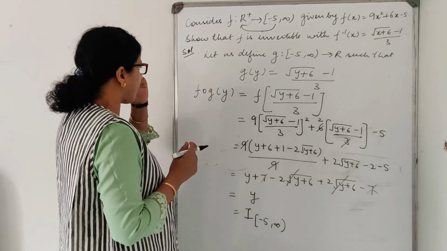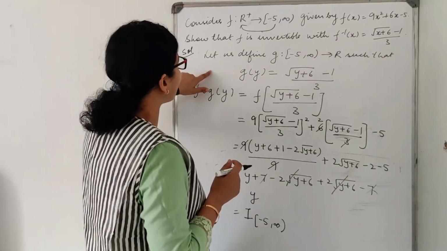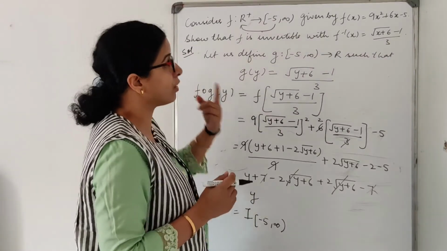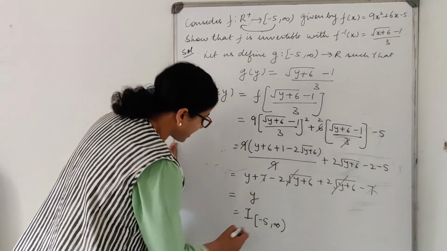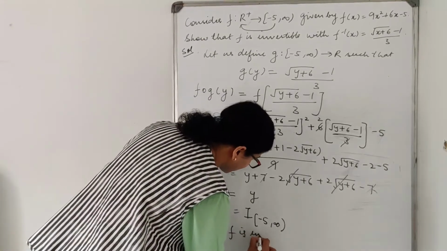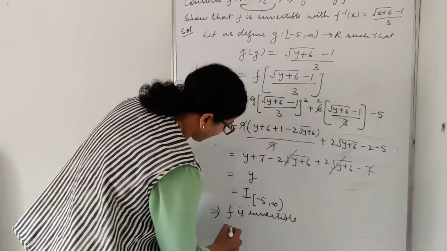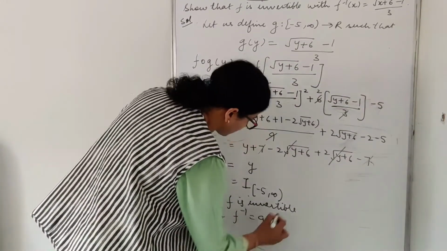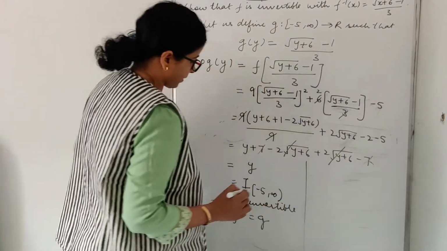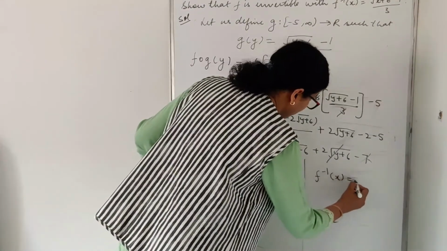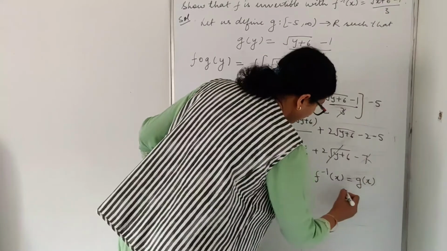So when I found gof, I got the identity of f. When I found fog, I got the identity of g. So what does that imply? This implies f is invertible and f inverse is equal to g, right? And what does that say? f inverse x is equal to g(x), right?